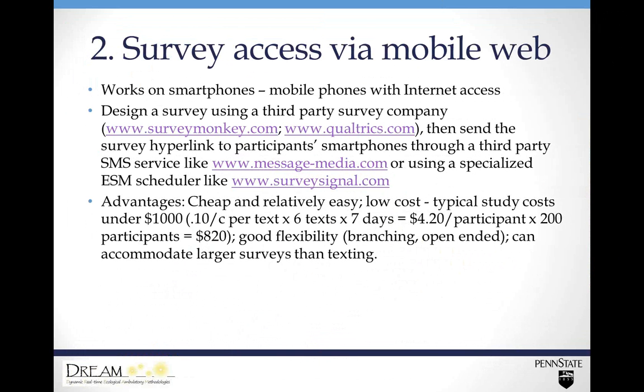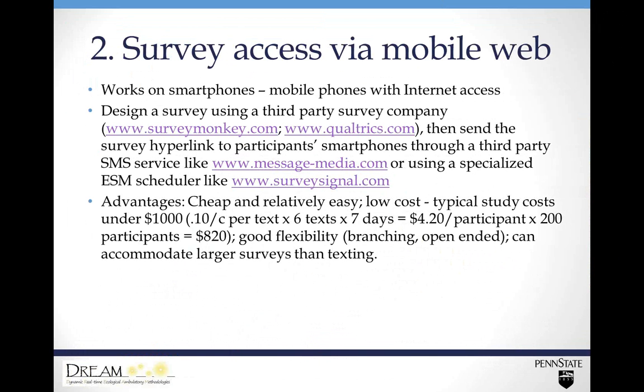Now, the advantage is this is still cheap, relatively easy and low cost. Survey Signal charges 10 cents per text, so that basically just doubles the cost, but it's still relatively affordable. But there's good flexibility and branching, and you can do a lot of things on these surveys that you can't do with text messaging.